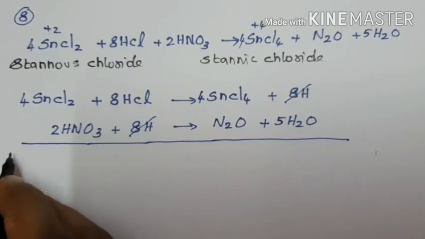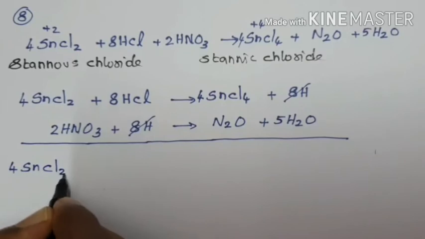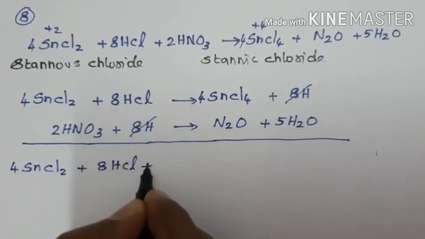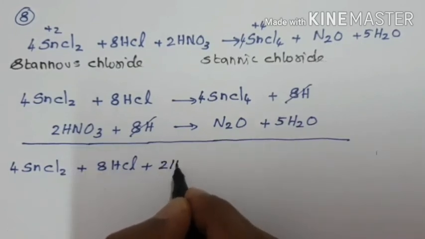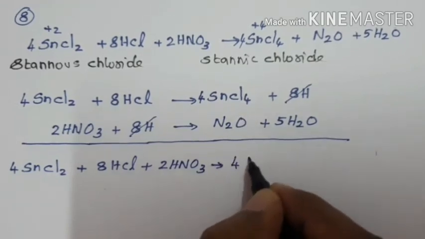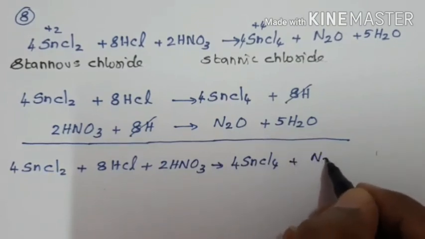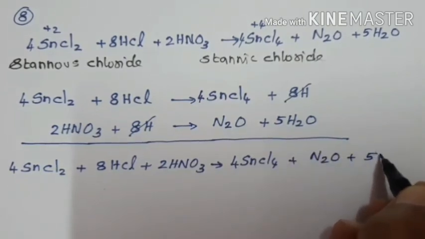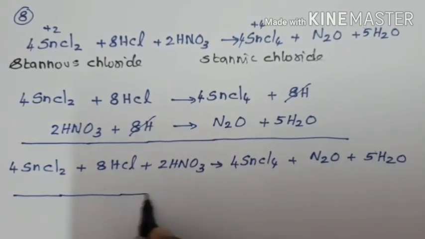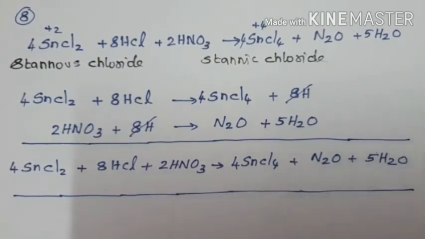So on the left hand side we have 4 SnCl2 plus 8 HCl plus 2 HNO3 gives 4 SnCl4 plus nitrous oxide N2O plus 5 H2O, water molecules. Now this reaction is also used to prepare nitrous oxide.